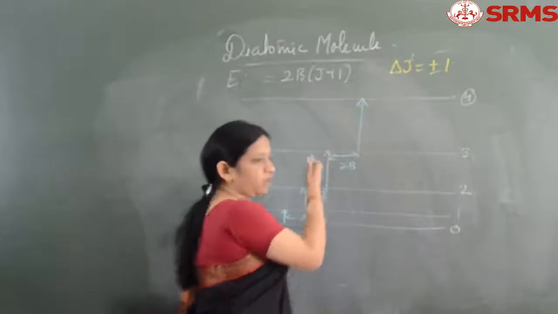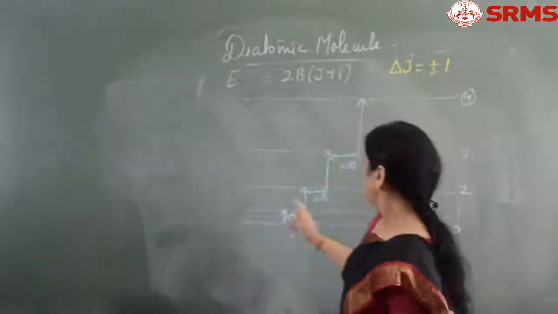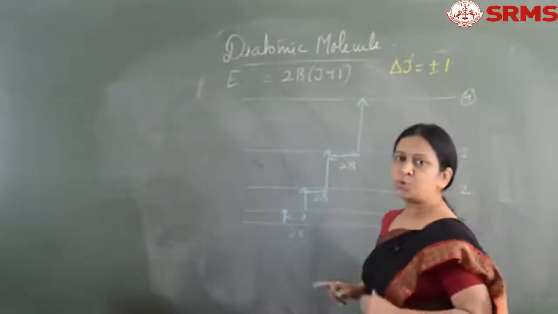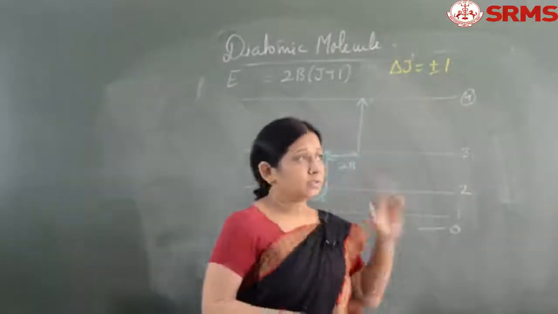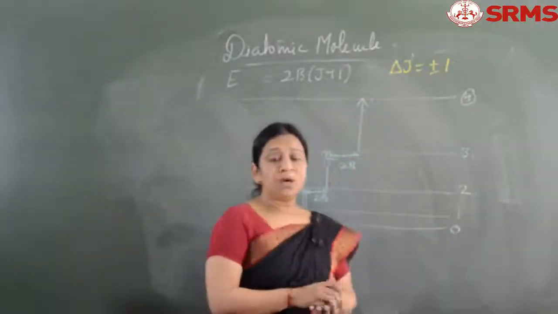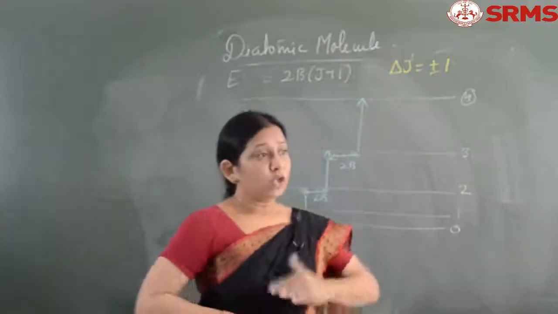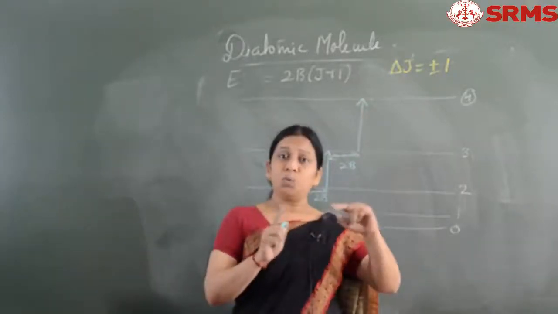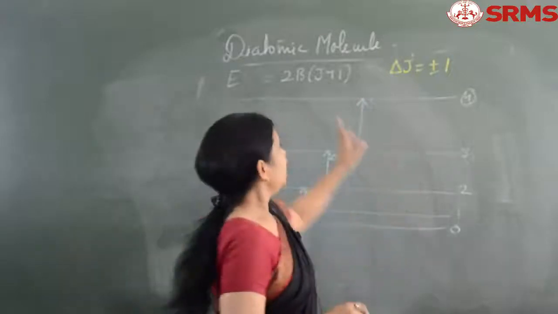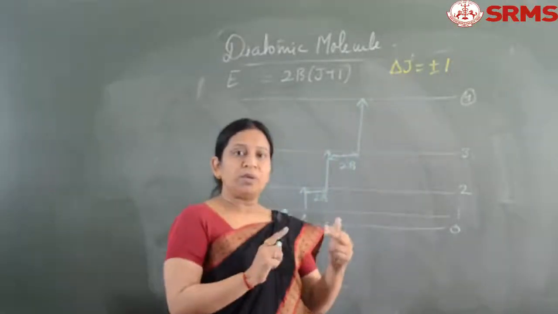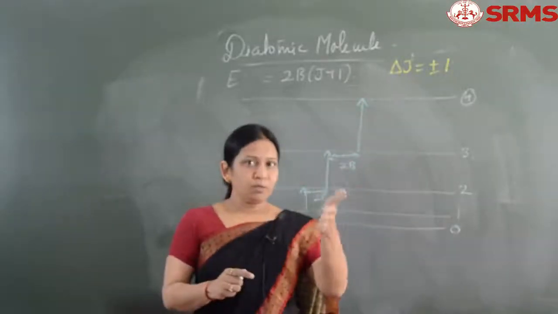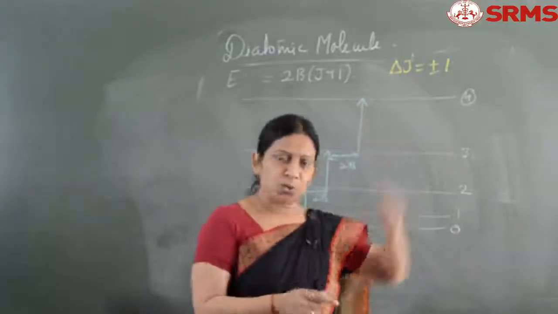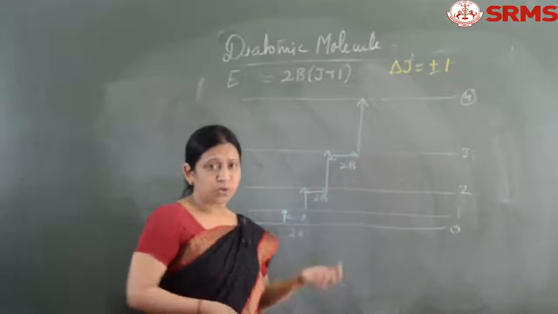So we have inferred from this equation that the distance between two transitions is going to remain the same. This transition was from J to J plus 1. If the transition is from J plus 1 to J plus 2, then this 2B will become 4B, and then when we move to higher transitions, 4B becomes 6B, and so on. So this is the difference which is going to come.